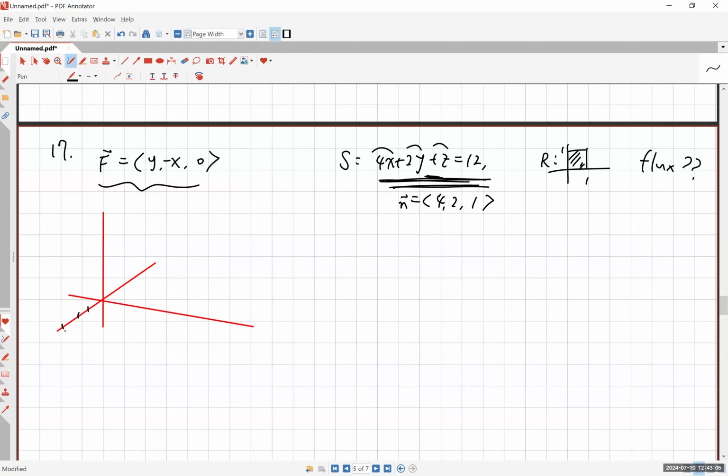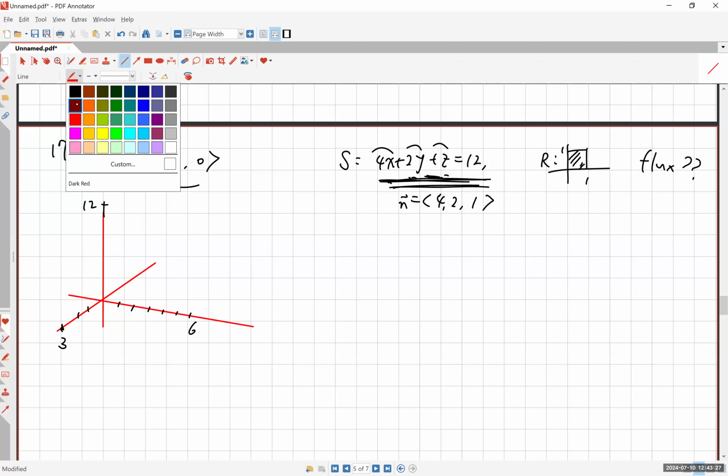That's 3, right? And that's your x-intercept. If x and z are 0, you have 2y is 12. So that means y is equal to 6 is the intercept on the y coordinates. And then if x and y are 0, z is 12, so it's way up here. Okay, and you can connect these points.